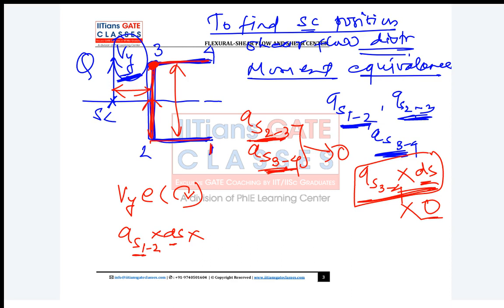Because the force will be in this direction, what is the perpendicular distance from 3? Exactly, 2h. Now tell me, this force Fs, which is the force due to shear flow, gives me a clockwise or anti-clockwise moment?